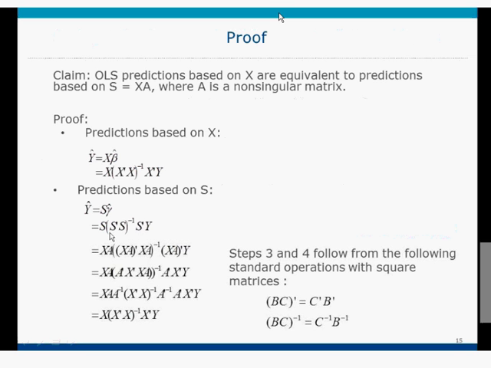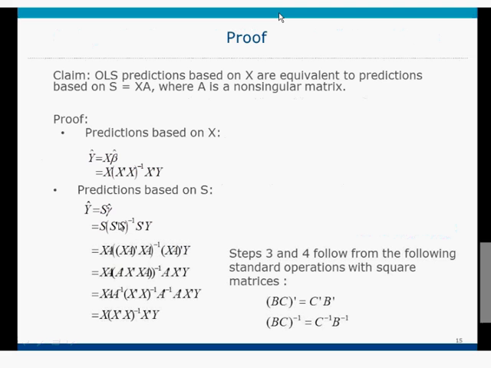And just by substituting and then some simple rearranging, applying matrix algebra, we end up with the same thing. So the predictions based on the components, where the number of components is equal to the number of predictors, turn out to give us the same predictions.